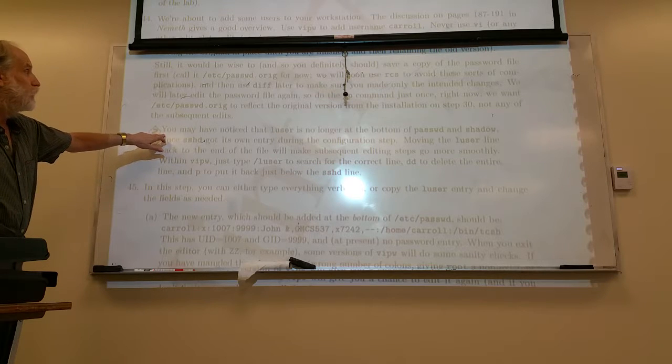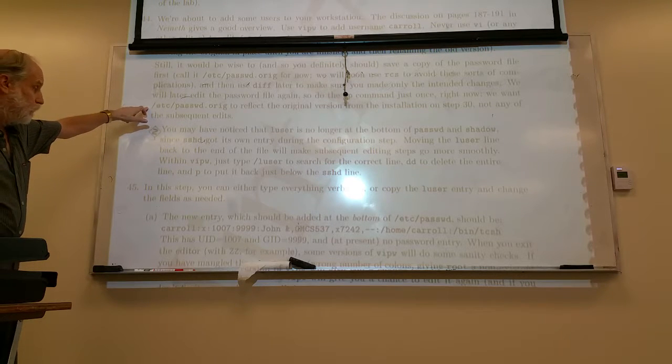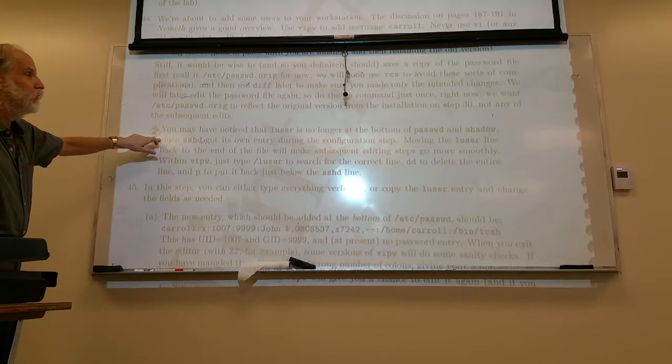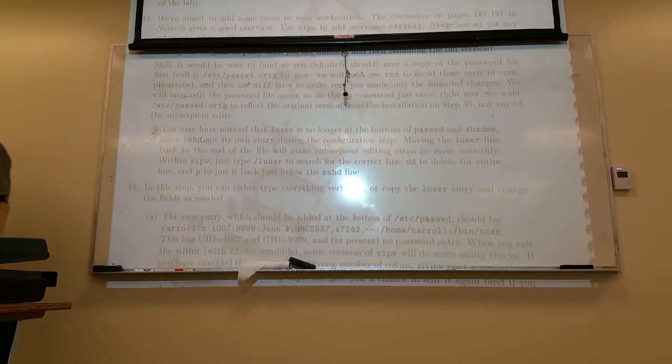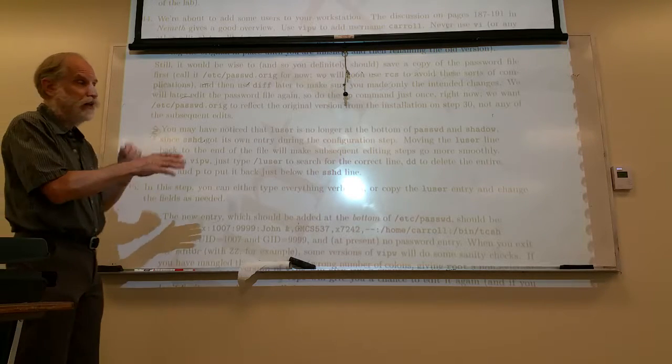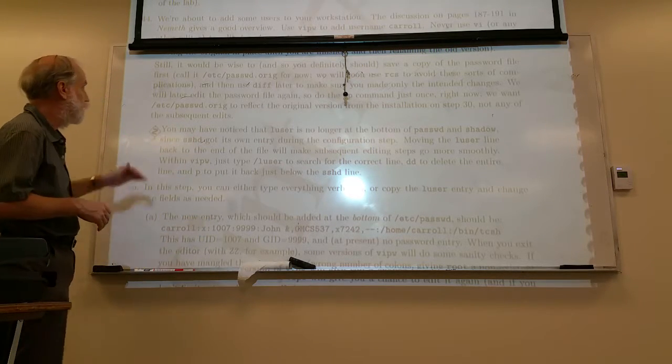All right. Now, by the way, if you edit this file, when we get to doing the vipw stuff here, we had seen earlier on in the lab that loser had been the last line. We saw that when we compared that to what was on the DVD, which had a user called mint as the very last line, since on our actual disk drive we had a guy called loser.